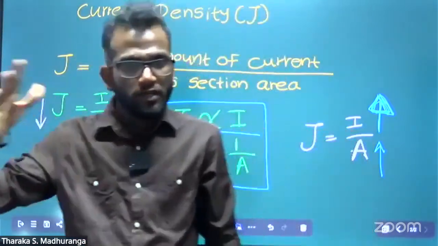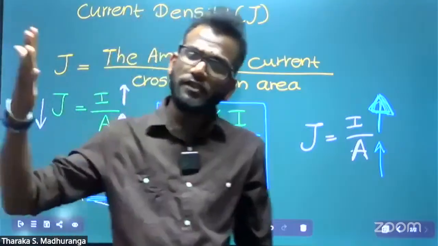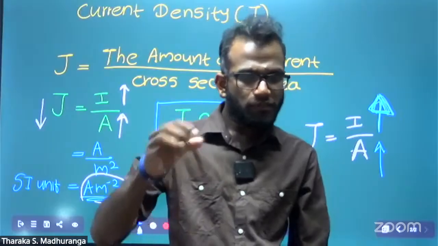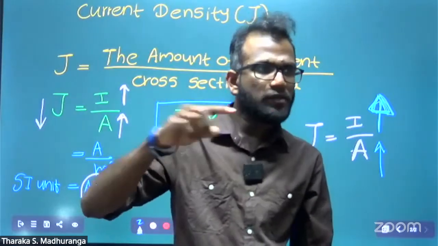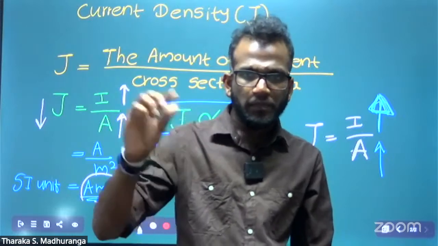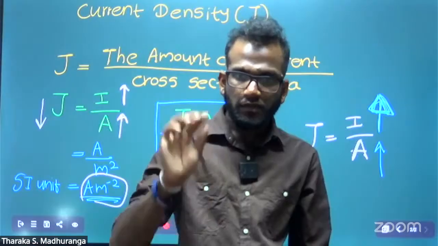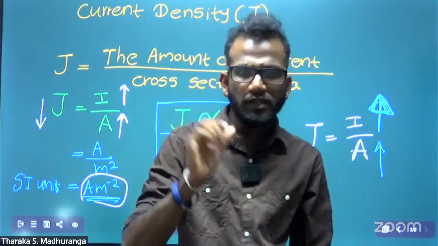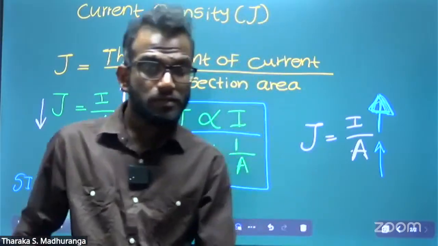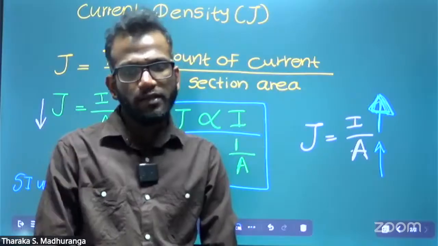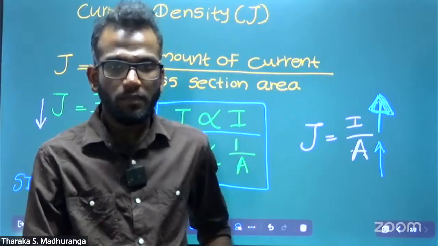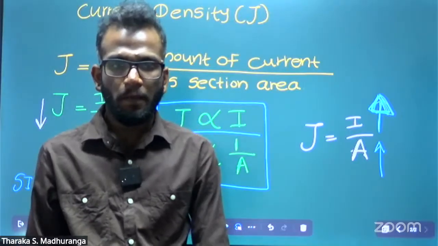Otherwise, if the current density increases beyond the tolerable level, what happens to this conductor? If I apply a small, thin conductor, like your switchboard wire, to this line, what happens?